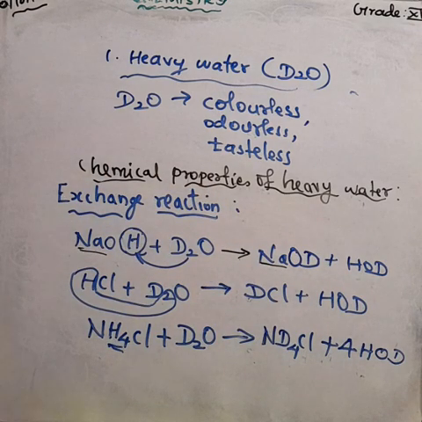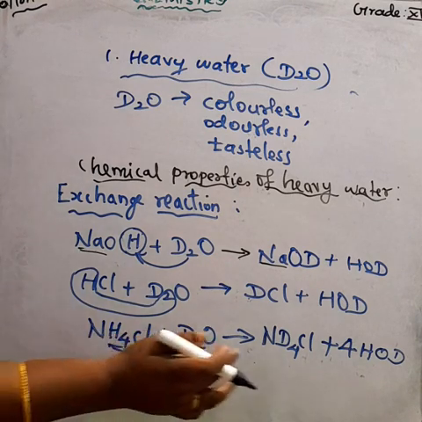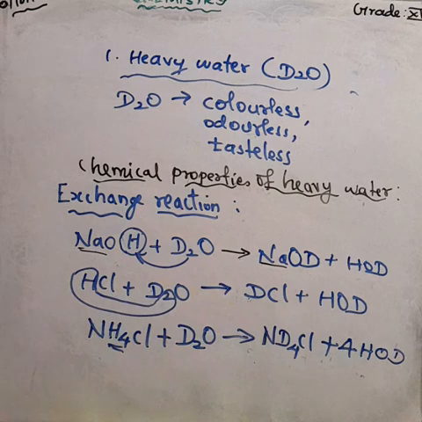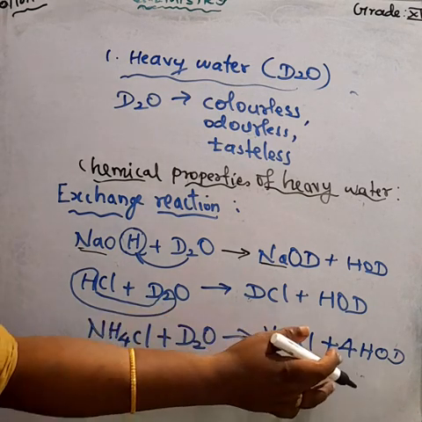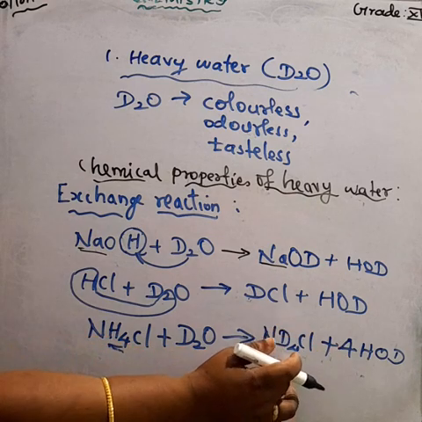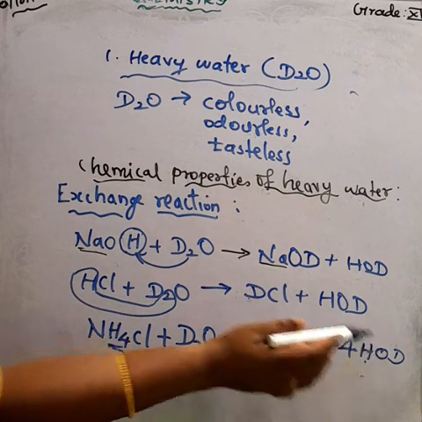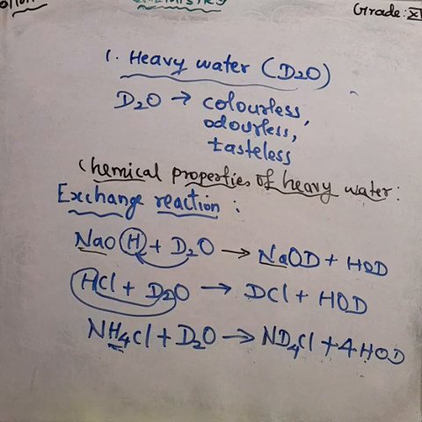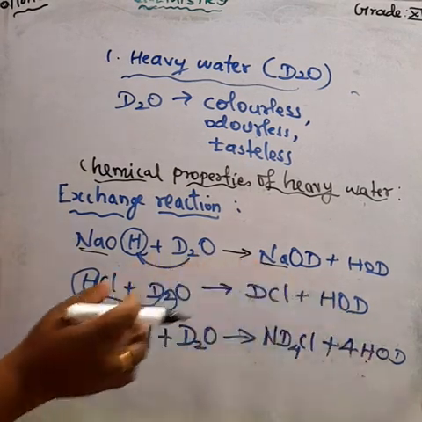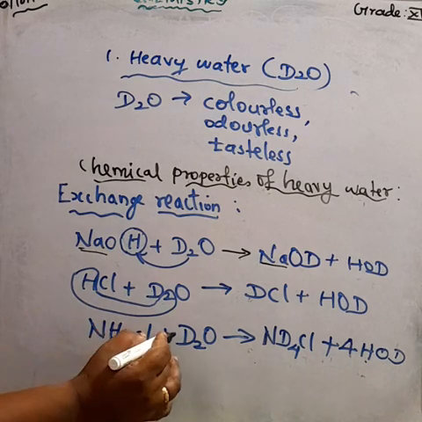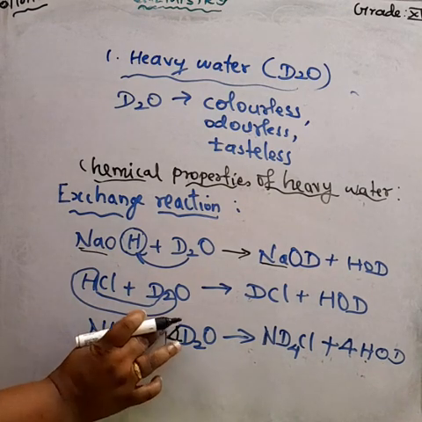Instead of 4 hydrogen atoms, 4 deuterium atoms are exchanged here. Totally how much deuterium? 4 plus 4, totally 8 deuterium atoms. So we make it 4 D2O, 4 twos are 8 deuterium.